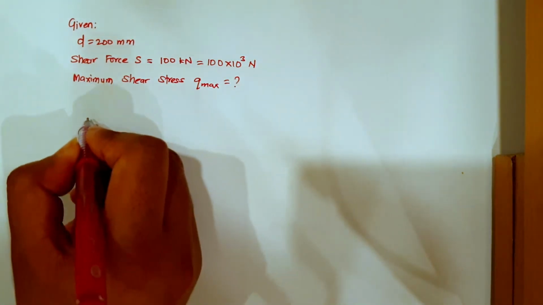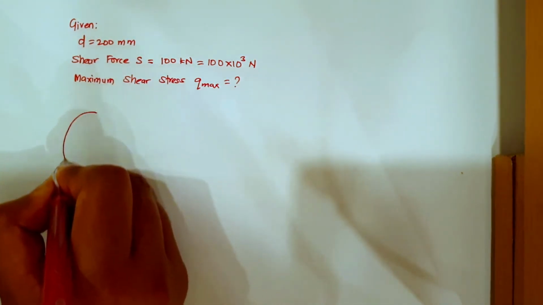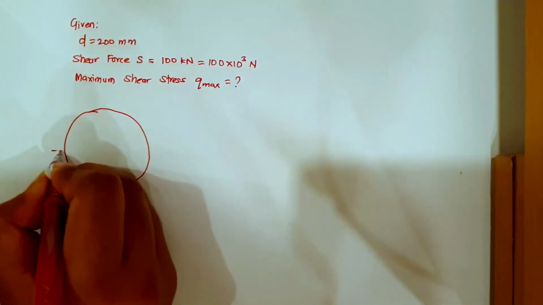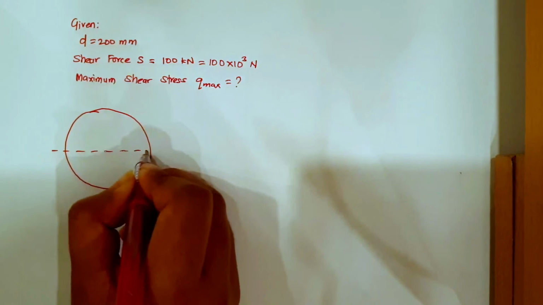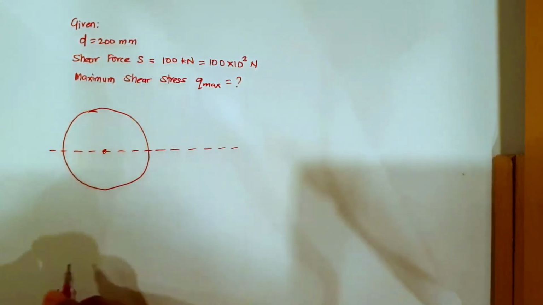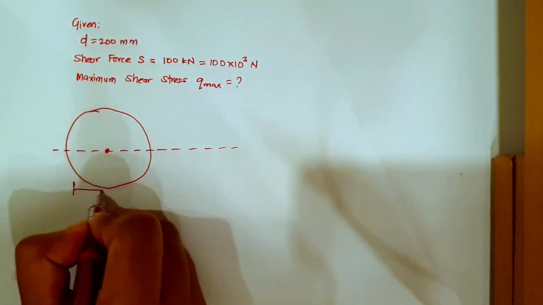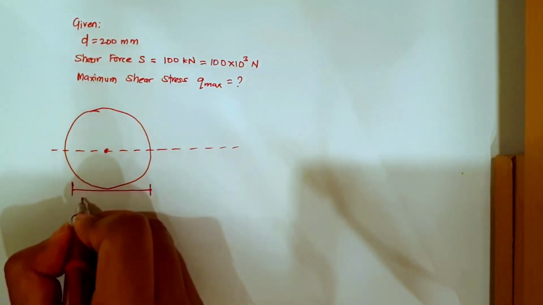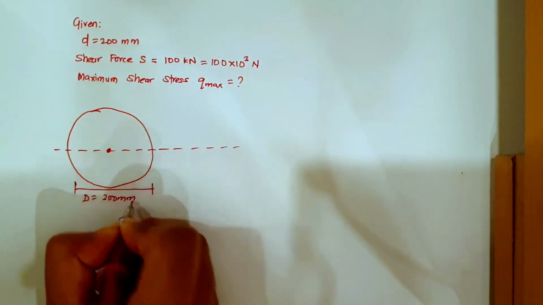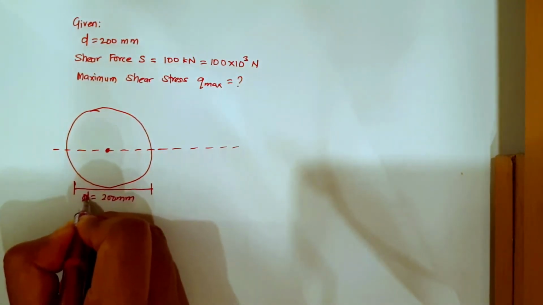Let me draw the diagram of a circle, and its neutral axis will pass from its midspan. The diameter of this circle is given equal to D is equal to 200 mm.